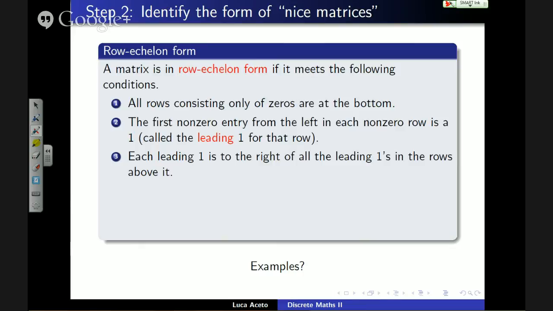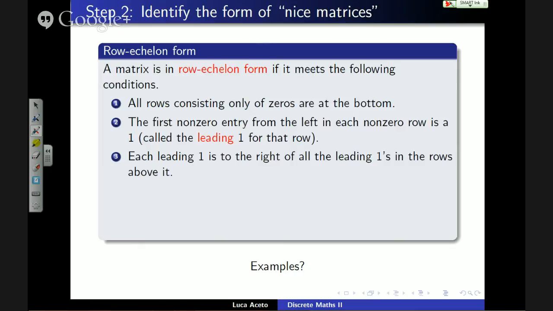Again, that's something that we can achieve. By doing what? Which of the elementary operations would you use? Suppose that you have a row and the first entry is not a 1, it is a 3. Multiply by 1/3. Fantastic. That's one of the elementary operations. We do it, the 3 becomes a 1.